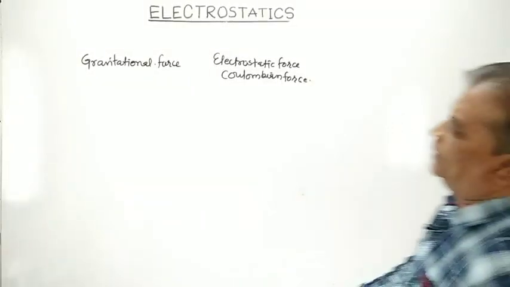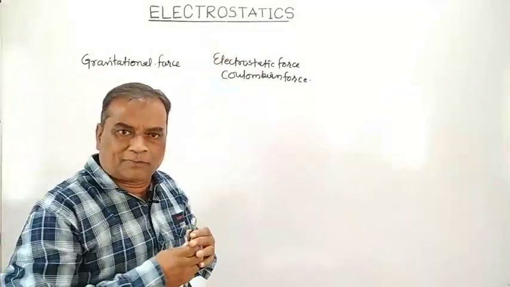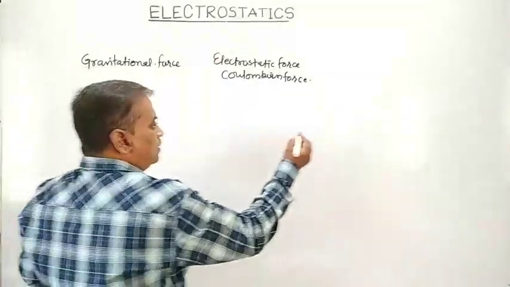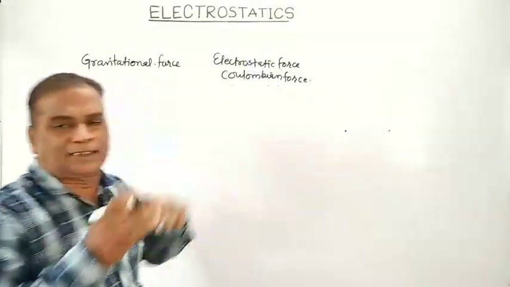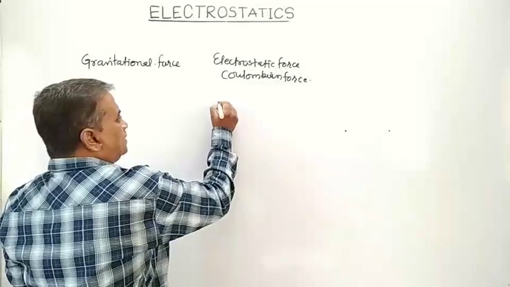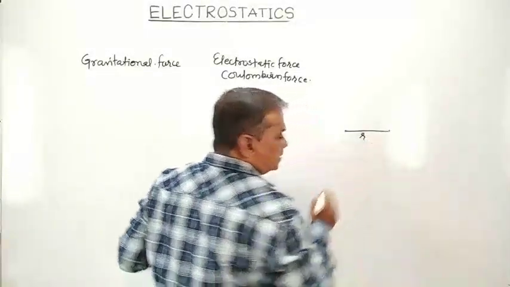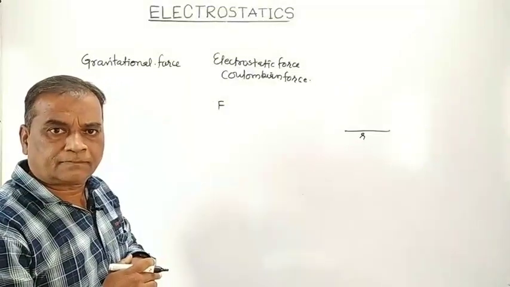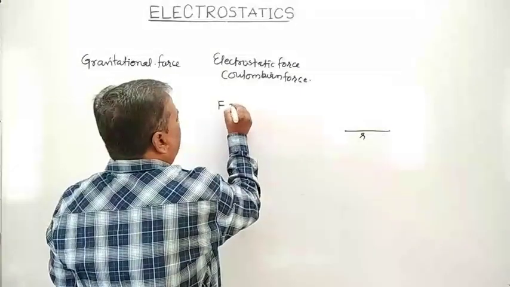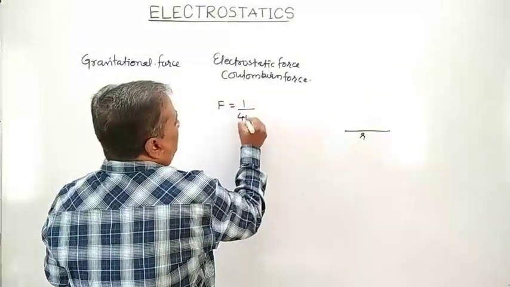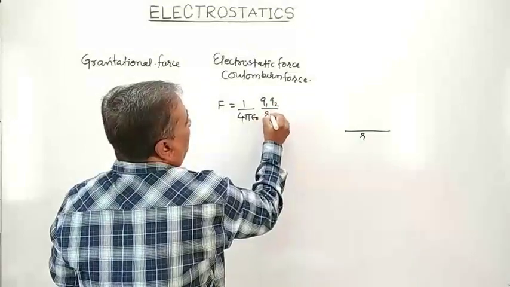Now let us compare the two forces according to Coulomb's law. Whenever there are two charges separated by a finite distance r, the force of attraction or repulsion between them is given by the formula 1 upon 4 pi epsilon 0 q1 q2 divided by r squared.